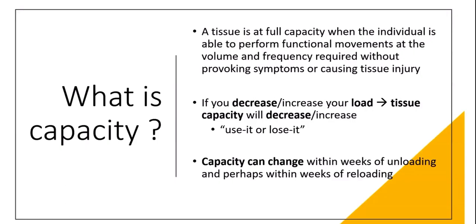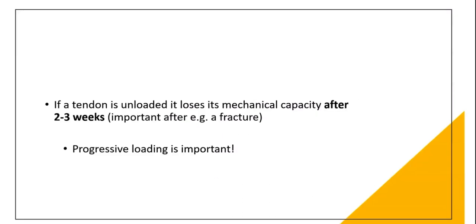And the good news is that capacity can change within weeks of unloading and also perhaps within weeks of reloading. That's interesting to know. If a tendon is unloaded, it loses its mechanical capacity already after 2 to 3 weeks.